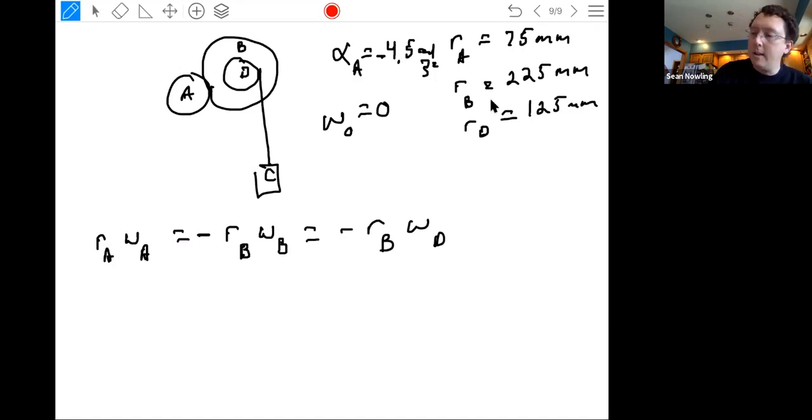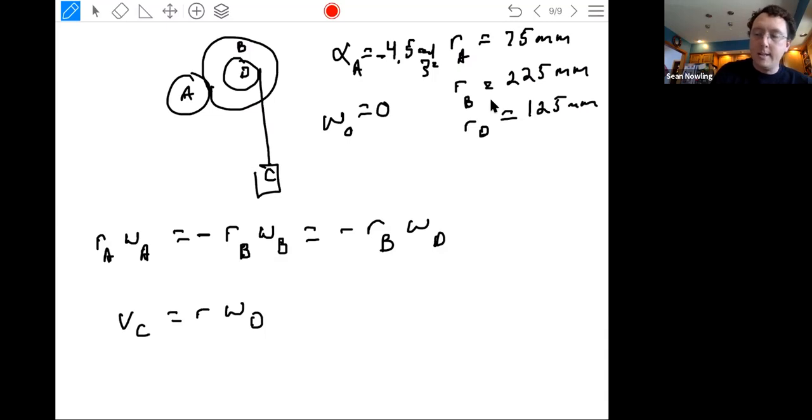And then finally, since I actually want the velocity of the bucket, what I know is that the velocity of the bucket has to be the same as the tangential velocity along the circle D around the rim. So I know that the velocity at C equals R times omega D.